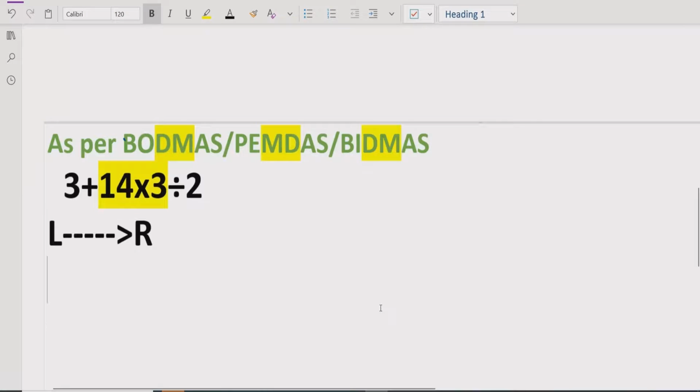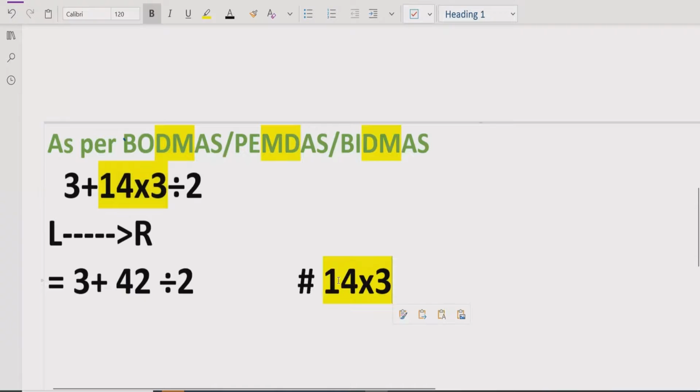So as per the rule, we have 3 plus 14 multiplied by 3. 14 multiplied by 3 is 42, and divided by 2 we write as it is. And here we give the reference: 14 multiplied by 3 equals 42. Now move forward, and again we go left to right.